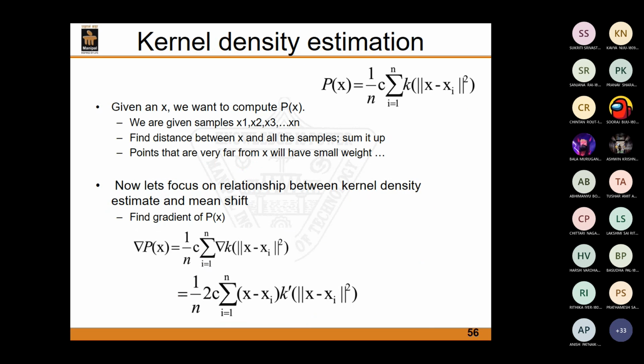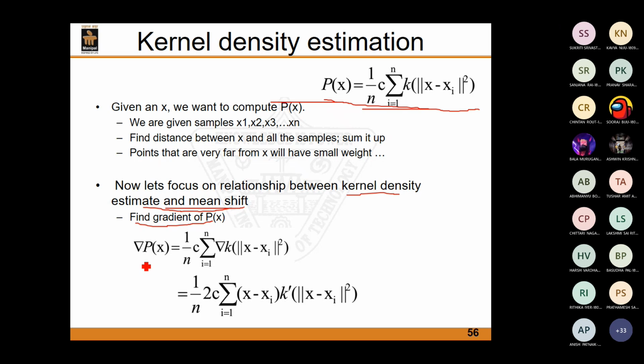Now we'll find out the relation between the kernel density estimation and the mean shift vector, which we have studied earlier. First we have this equation of p of x, which we discussed in the previous slide, where you are considering a radially symmetric kernel. We find the gradient of p of x, basically the first order derivative of p of x.